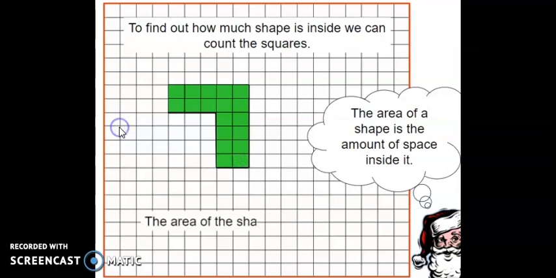It means the area of the shape is 18 centimeters square. Why do I write 18 centimeters square? Because for area my unit is square. For perimeter, it is centimeters only. But for area we need to write centimeters square also.